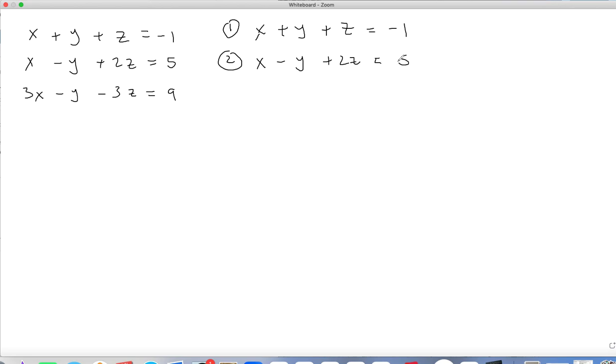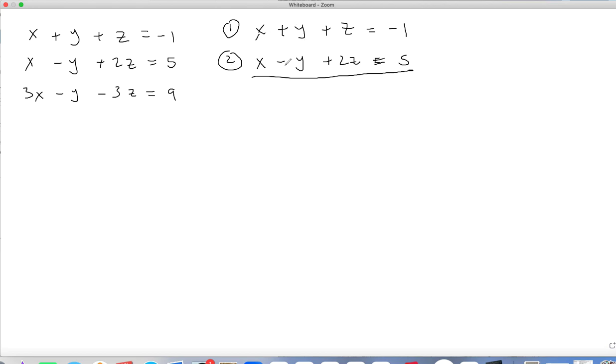I like this, oops, that's supposed to be an equals. I like this version of the solve better because I didn't have to do any math. When I was trying to eliminate x, I had to multiply this by a negative, which introduced 1, 2, 3, 4 places for me to do something dumb. And that's why the less math you can do here, the better it is, because there's fewer steps.